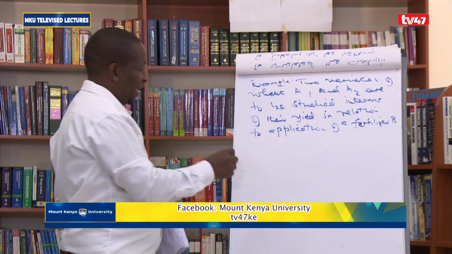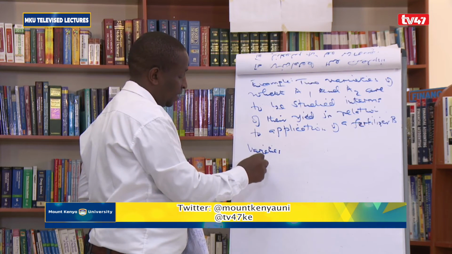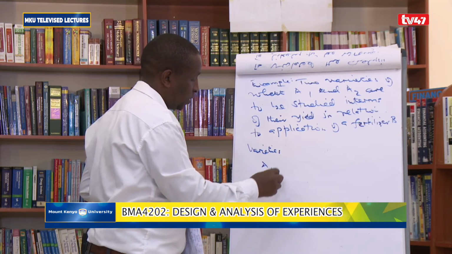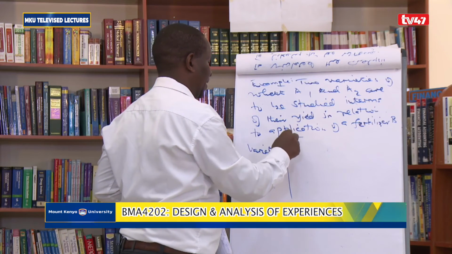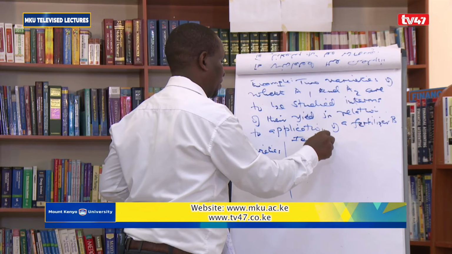So we have 2 varieties, A1 and A2, and we also have a fertilizer that we want to apply at various levels.